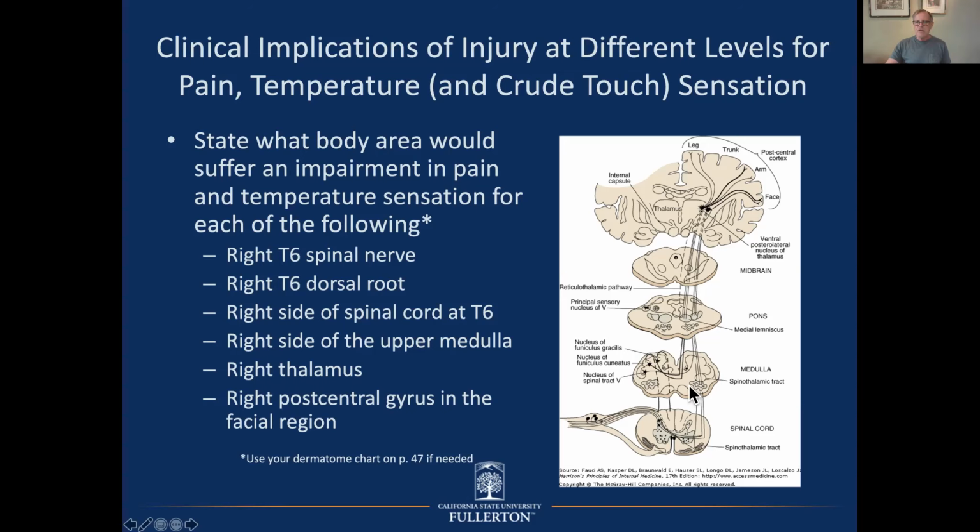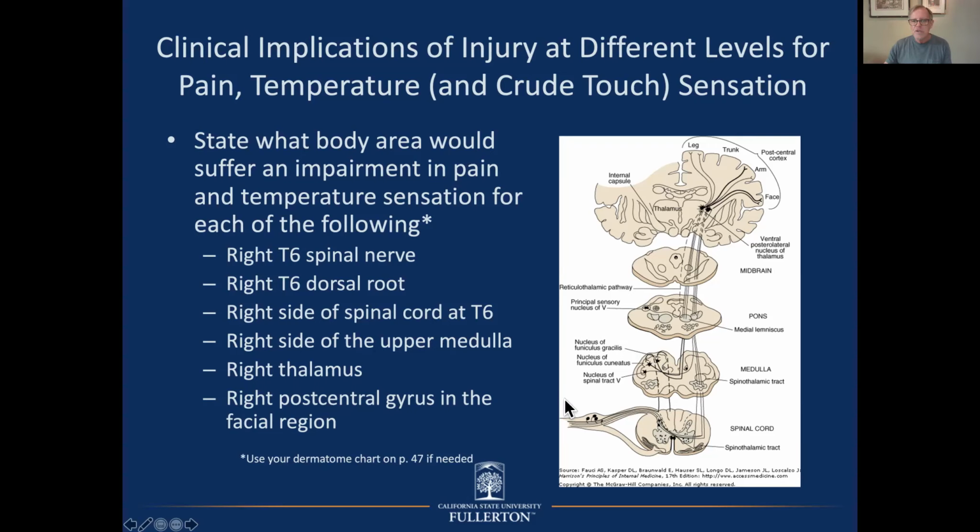So let us do that. And I want to point out that they do have part of the dorsal column system for the sensation of fine touch, proprioception, and kinesthesia. It's in here, and we will look at this illustration again when we get to fine touch, proprioception, and kinesthesia. But right now we're just looking at the pain pathway.